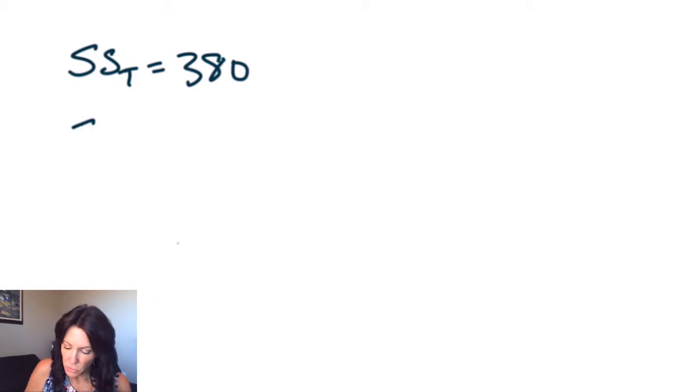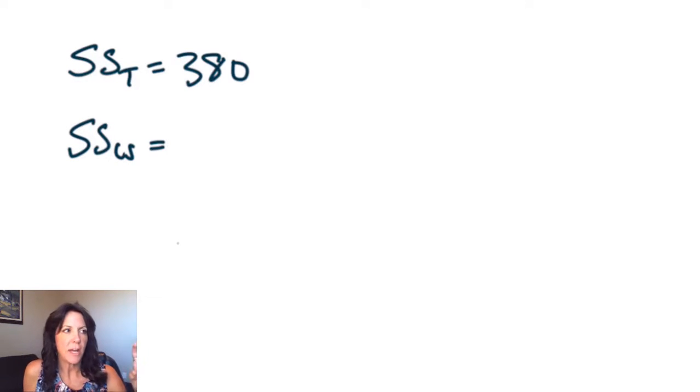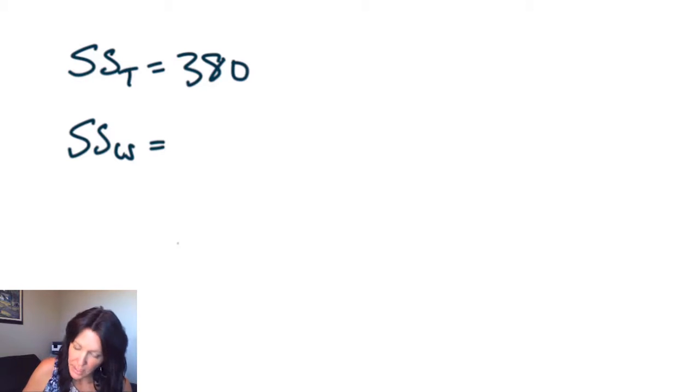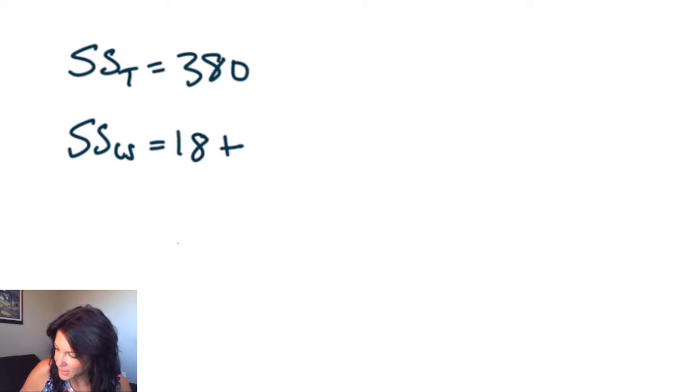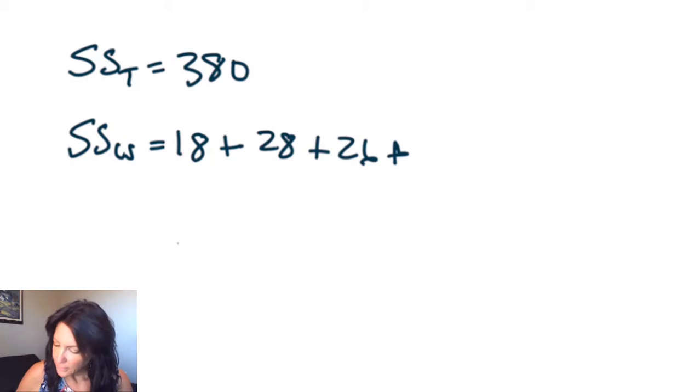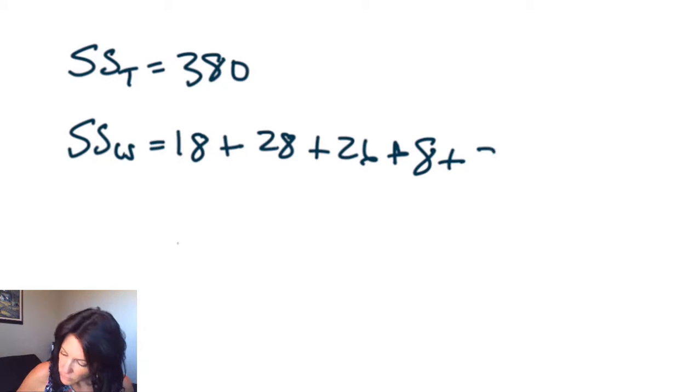The next thing we'll do is our sums of squares within. And to get this, we're just going to add up the sums of squares in each of those cells. I've already calculated those for you, so I'm going to write down what those were from the last slide. It was 18 plus 28 plus 26 plus 8 plus 20 plus 20.